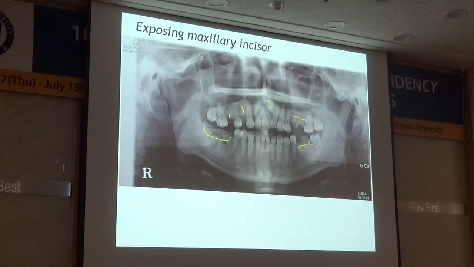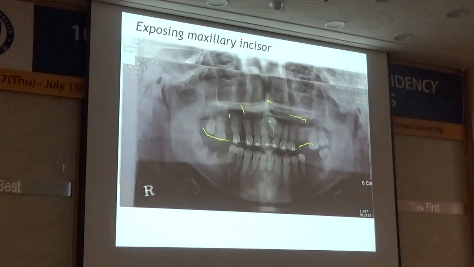Usually when we make a treatment plan, we extract all root remnants and the infected teeth and put implants in the dental site. But I consulted this case with Professor Lee, and I think Professor Lee is some kind of magician. He asked me to do the surgical opening like this one and extract all the root remnants.